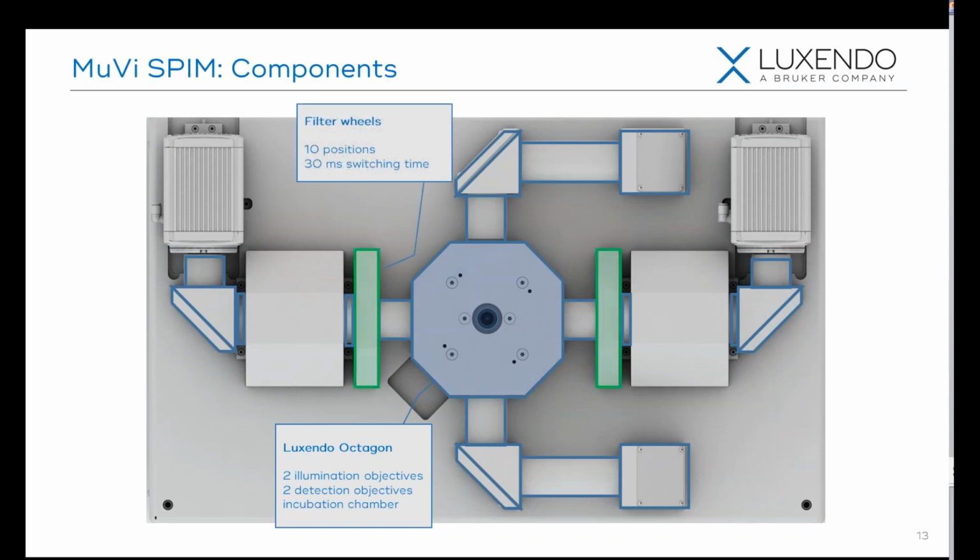Just downstream from that are the filter wheels for filtering out whatever particular light you want to send to your detector. And because we don't have an objective turret like you do on a standard microscope, we have a magnification changer just downstream, allowing you to magnify or demagnify the image that's sent to the camera in order to see the resolution that you need.